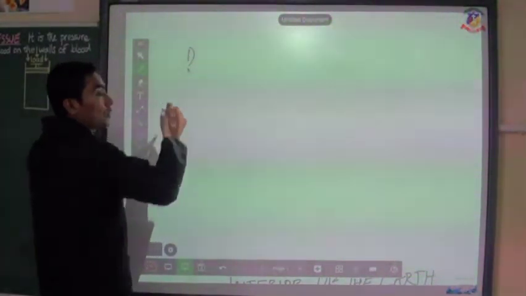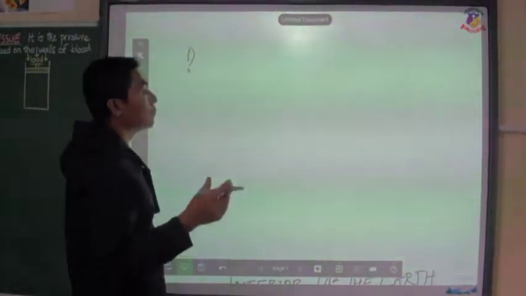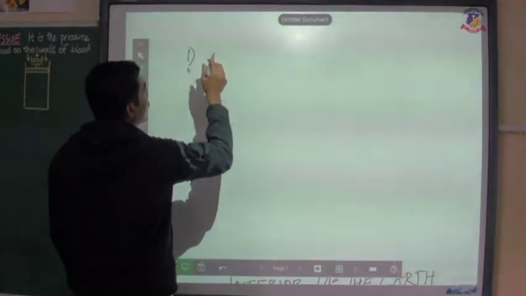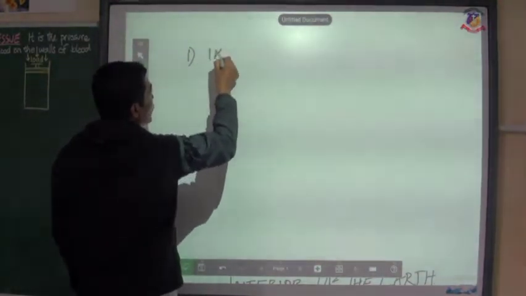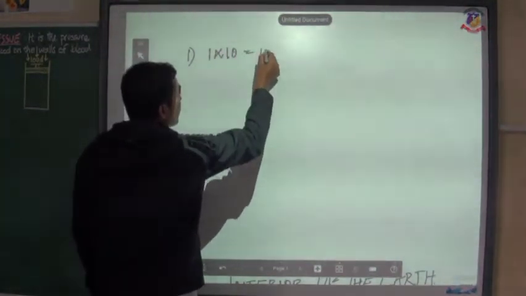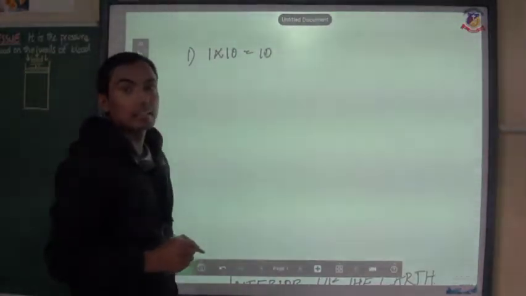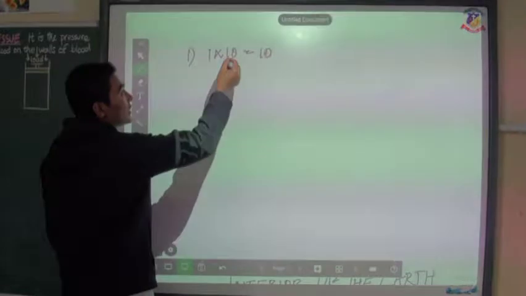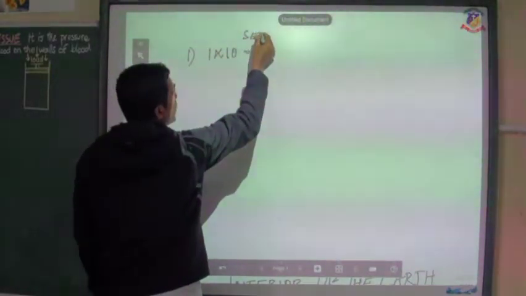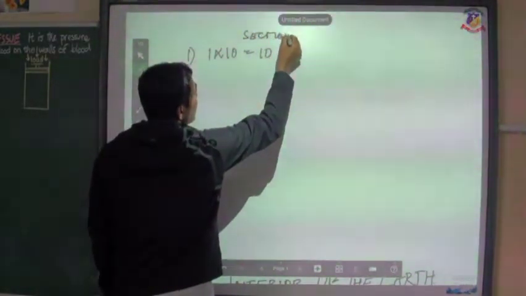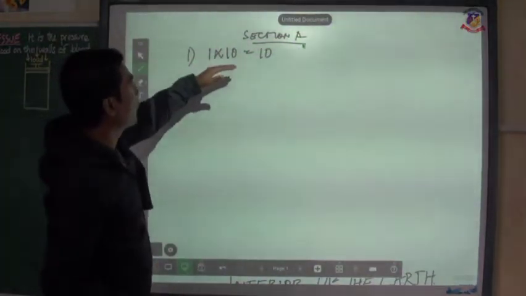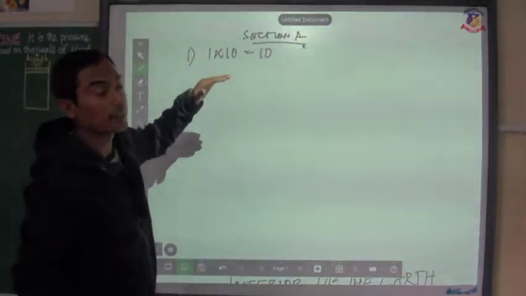So the first question on your question paper, based on your syllabus, will be a map pointing that will be out of 10 marks. That means 1 into 10 equals 10 marks. Clear? And this is the compulsory section, otherwise you can say this is section A. Now in section A, first you will have a map pointing that is out of 10 marks.